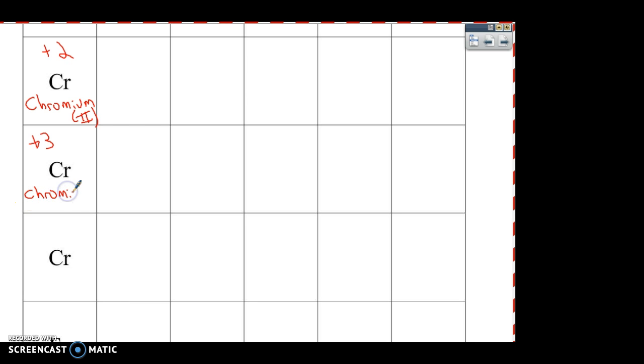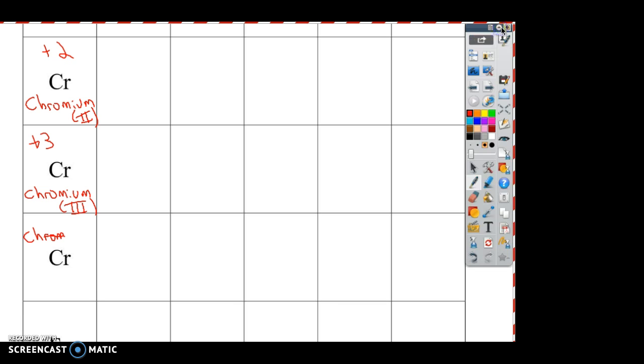So you get chromium 2, you get chromium 3, and remember we designate those different oxidation numbers using Roman numerals. Oh, I'm putting that in the wrong spot. Hang on a second. So this last one will be chromium 6.